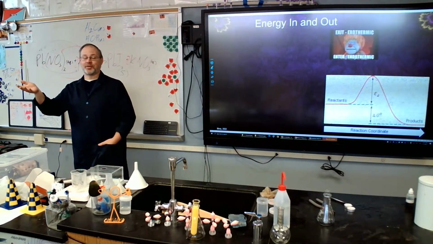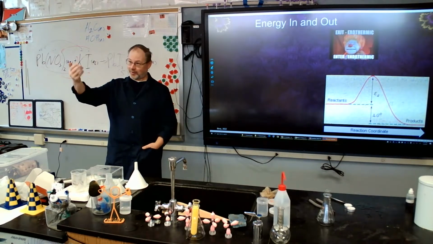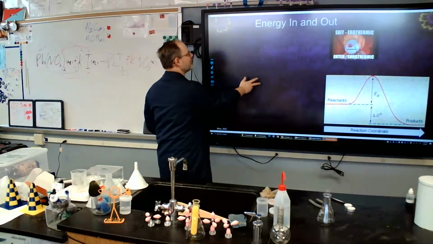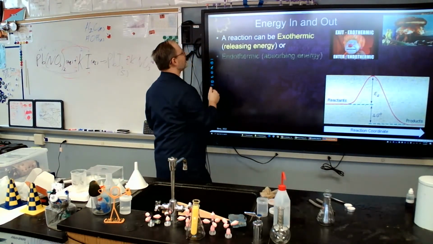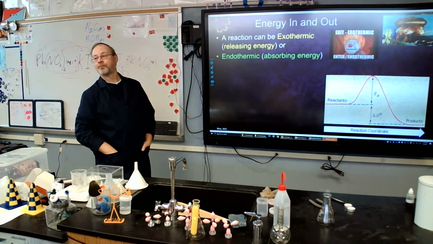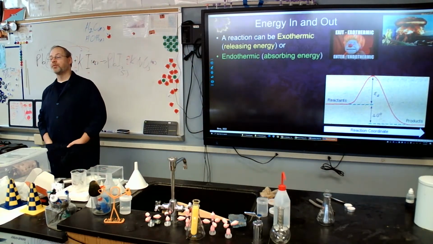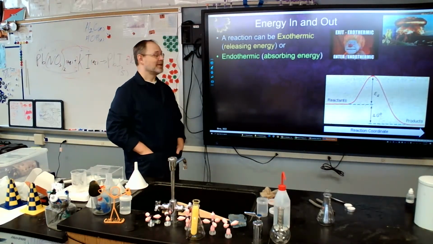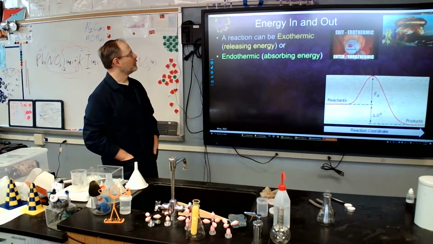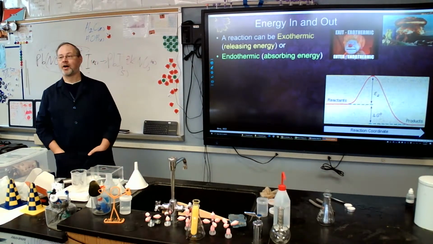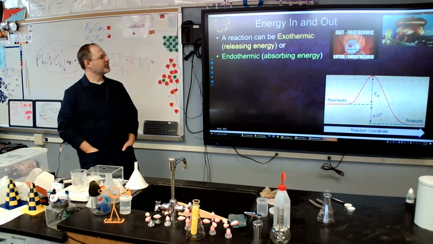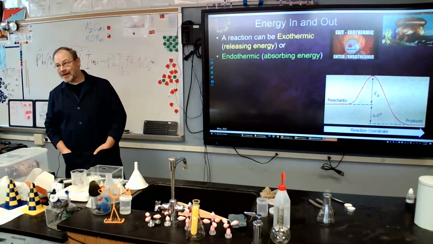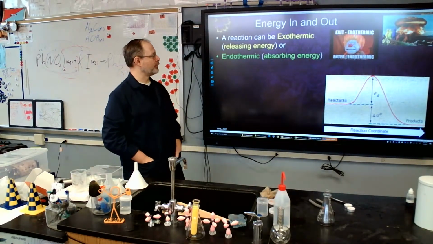And what does endo sound like? Enter. Enter, inward. So if a system releases heat, we say it is exothermic. If a system has to absorb heat to happen or keep happening, we say it is endothermic. So systems that release heat are exothermic, and systems that have to take in heat to keep happening are endothermic.